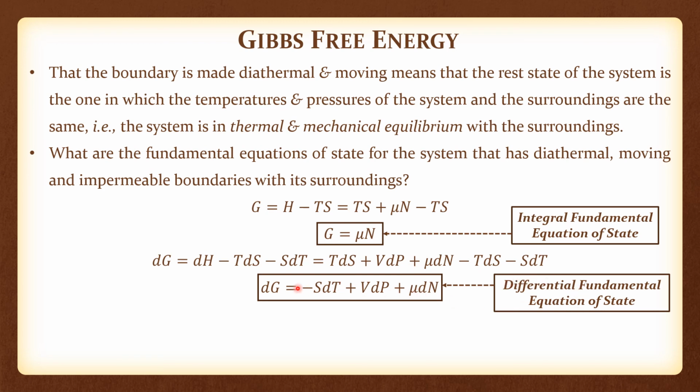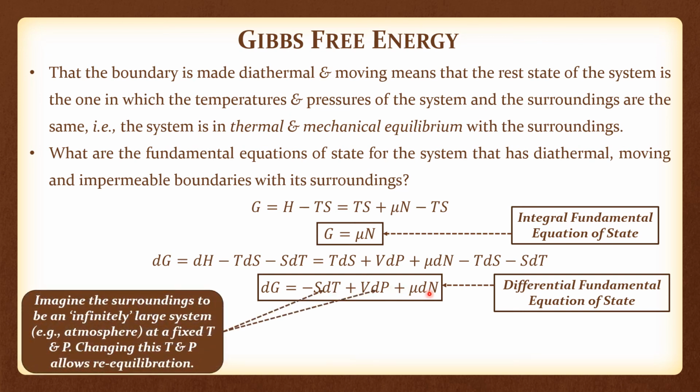So you see that G is a function of T, P and N. So imagine the surroundings to be an infinitely large system like an atmosphere at a fixed temperature and pressure. So you have a mechanical equilibrium as well as thermal equilibrium, and changing this T, P allows re-equilibration. And so we see that G is a function of temperature, pressure and number.